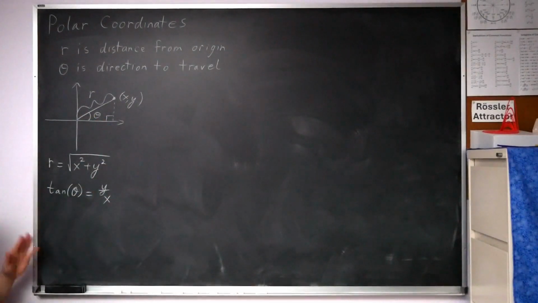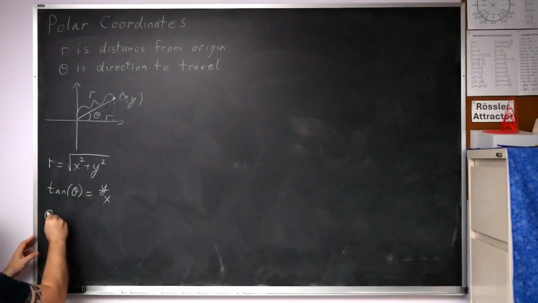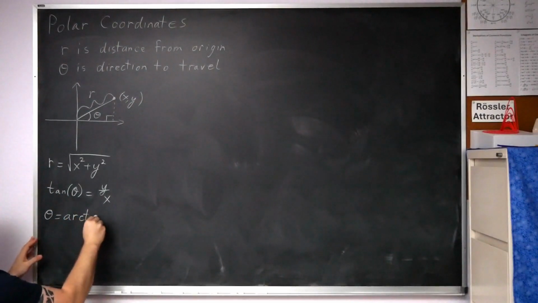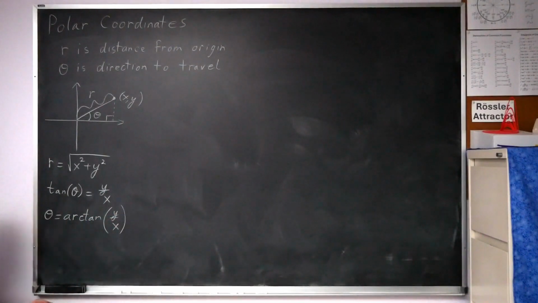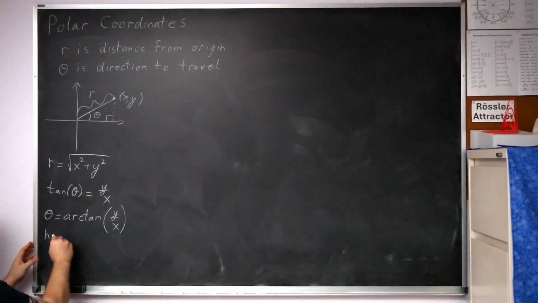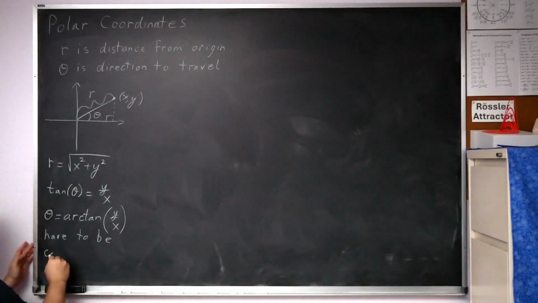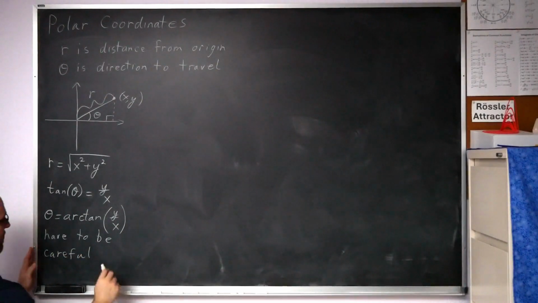And then, if I solve for theta, and there's a little tiny problem with that, it's inverse tangent or arctangent of y over x. The problem here, though, is you have to be careful which quadrant you're in.